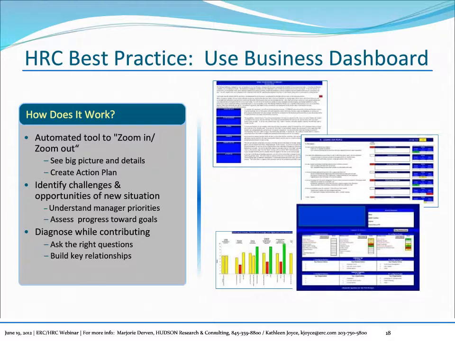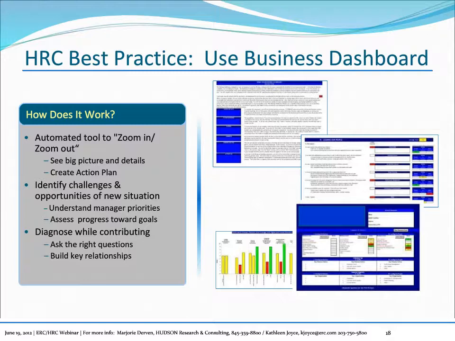A couple of innovations that some of our clients have helped us to include are having the manager identify key priorities by clicking on a red box so that the new employee sees right from the get-go what are the most important things I need to focus on. Obviously, I need to be doing everything, but what are the things that I need to be addressing, particularly in the first period of time.